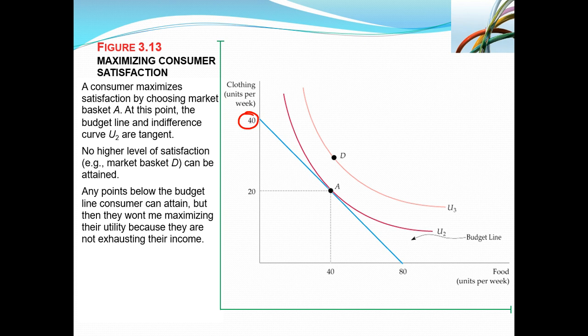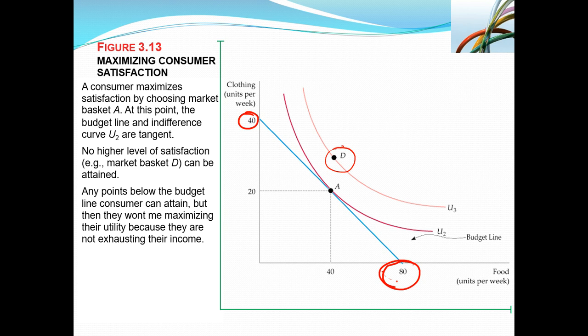Flipping the coin, if he spends all his income on food without buying any clothes, he will be able to buy 80 units of food. And then there is a bundle D there.